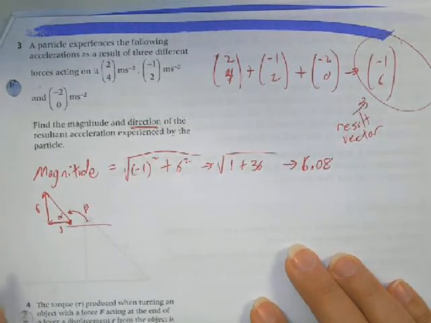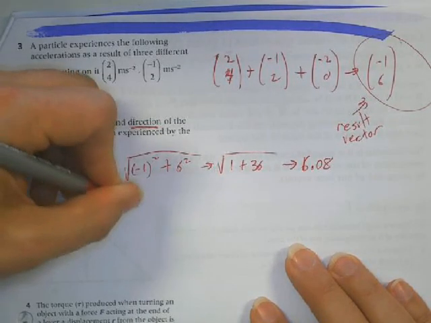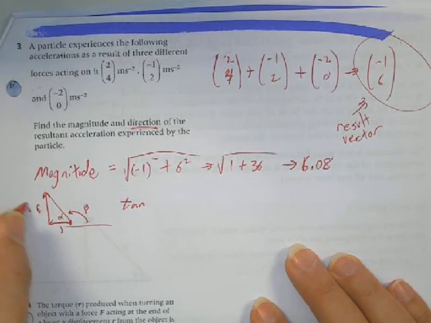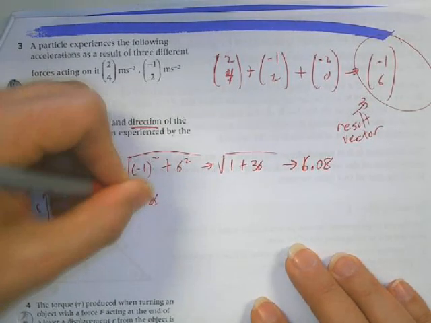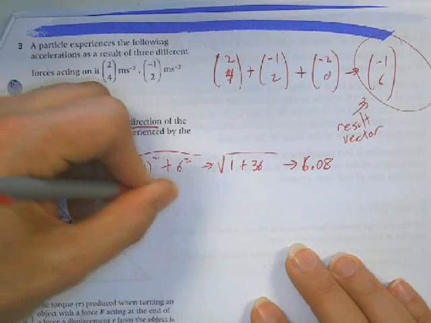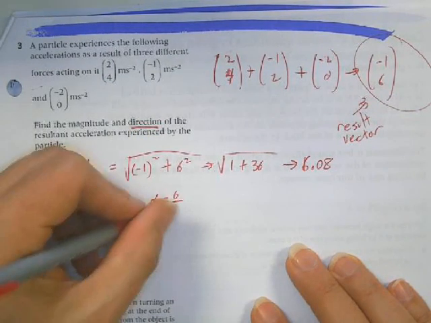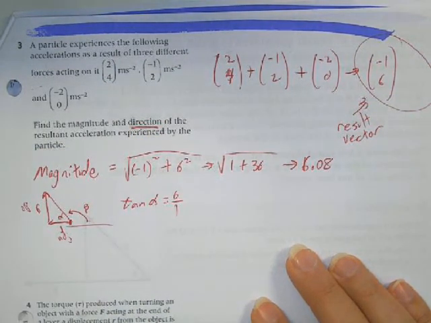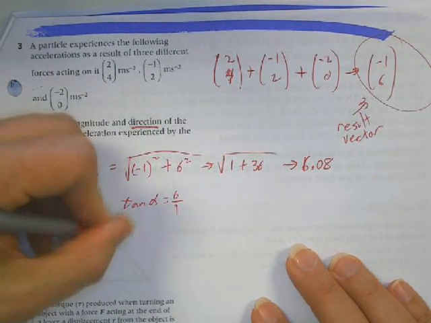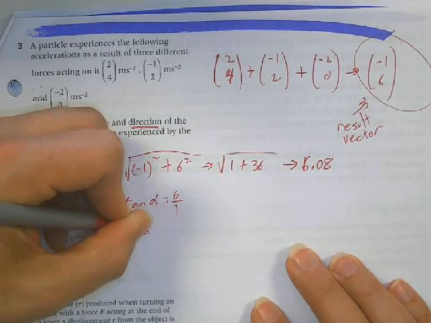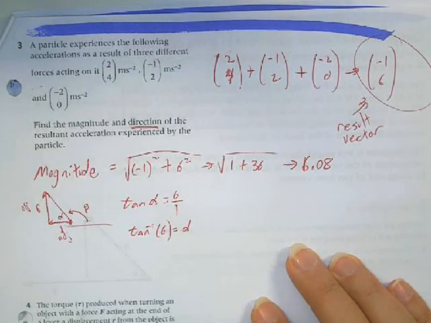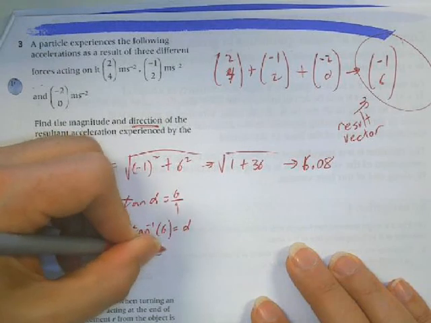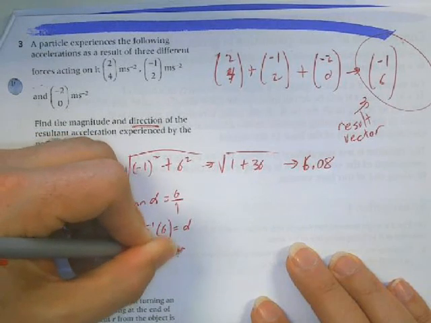So I can say tangent is opposite over adjacent. So tangent of alpha is going to equal 6 over 1. And so the inverse tangent of 6 is going to give me alpha. So alpha equals 80.5 degrees.